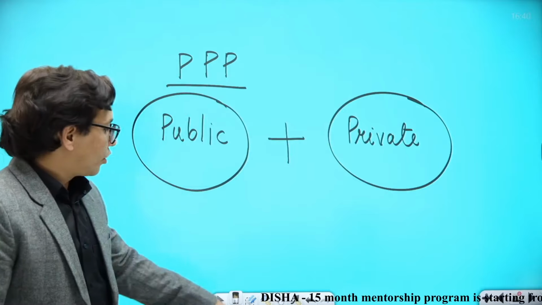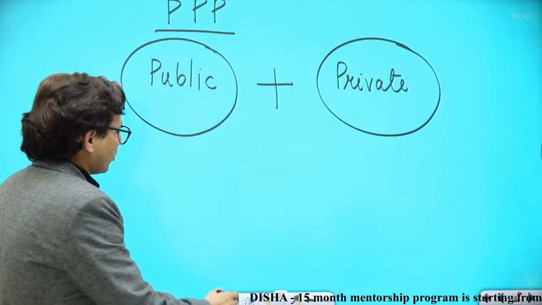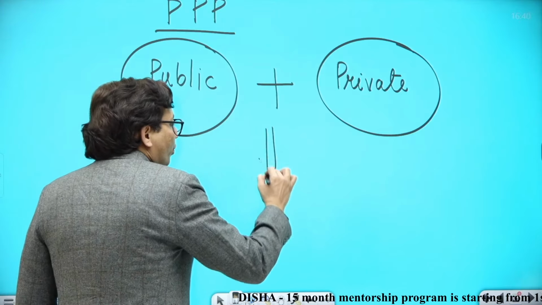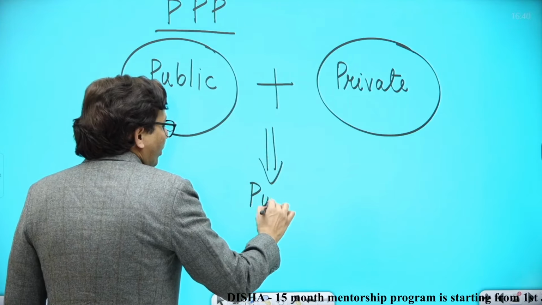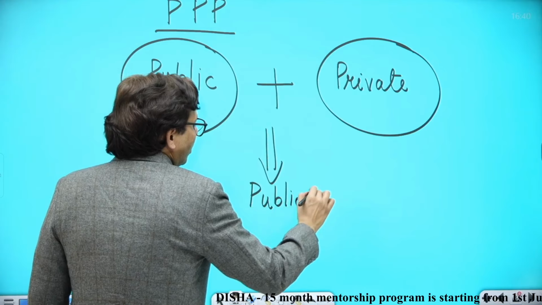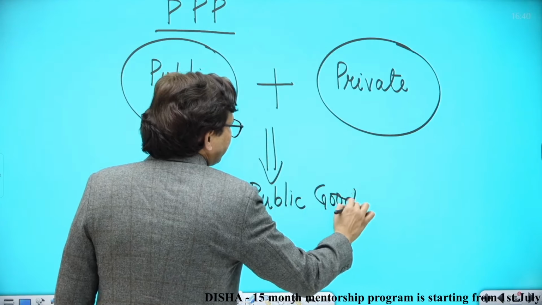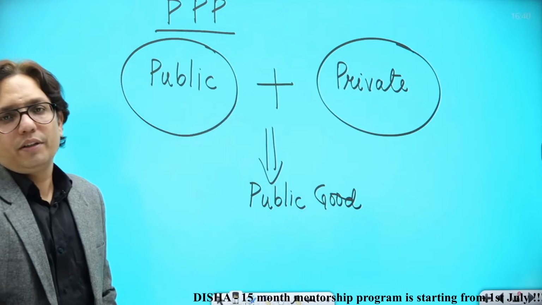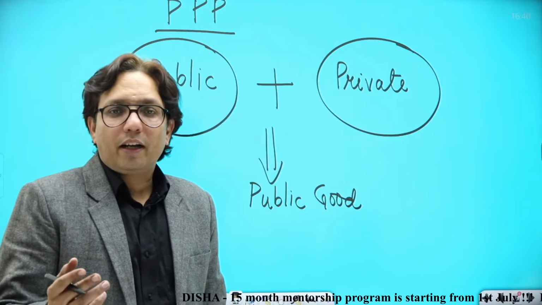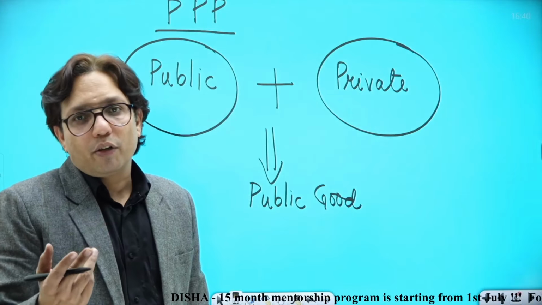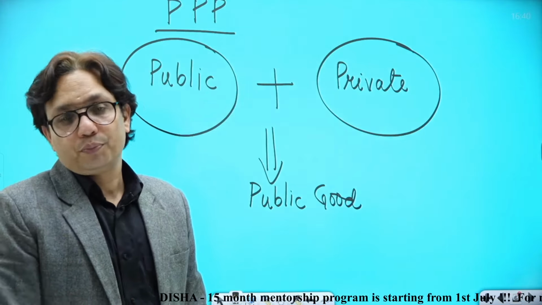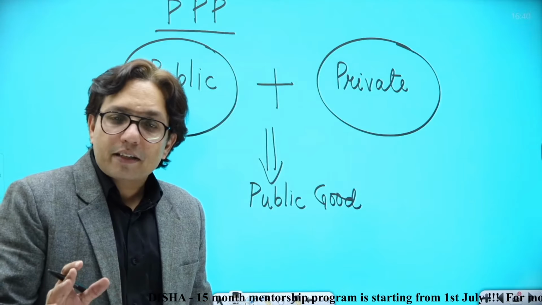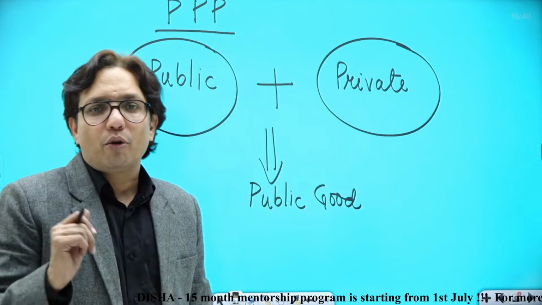They are in a partnership. And why are they in the partnership? They are in the partnership to provide a public good. That public good can be a port, it can be an airport, it can be a railway station, it can be a road too. What we are discussing now is the BOT model.